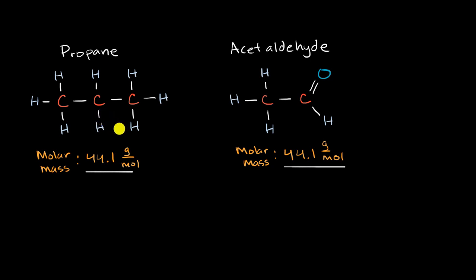Well, it turns out that the opposite is in fact the case. Acetaldehyde has a much higher boiling point than propane. The boiling point of propane is negative 42.1 degrees Celsius, while the boiling point of acetaldehyde is positive 20.1 degrees Celsius. So a very, very big difference.